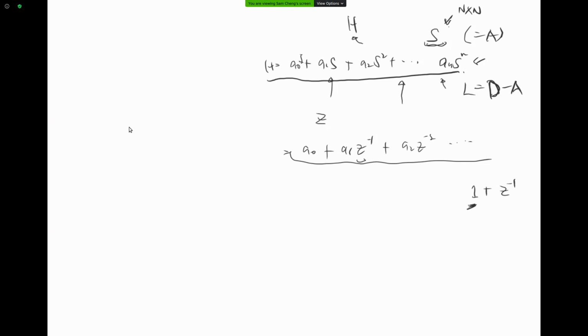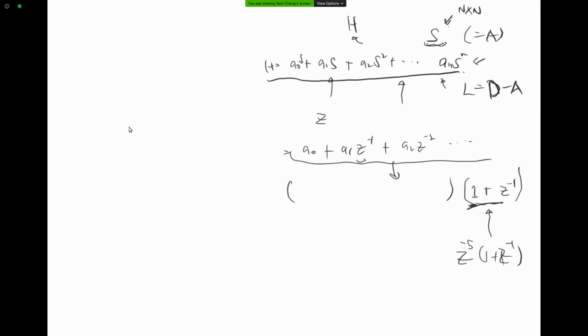Now, filtering this will be just multiplying this filter by this signal here, right? So this is a shift invariant operation, because it doesn't matter where I apply this filter. Maybe I delay this operation for 5 steps, let's say.